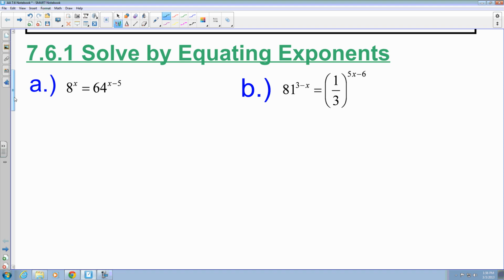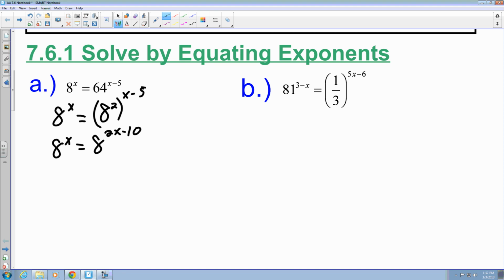And I can, because I know that 8 to the x can stay the same, but 64 would also equal 8 squared, all of which could be to the x minus 5 power. If I then use the power rule, I get 8 to the x, which equals 8 to the 2x minus 10 power.